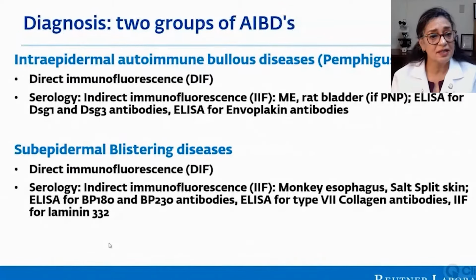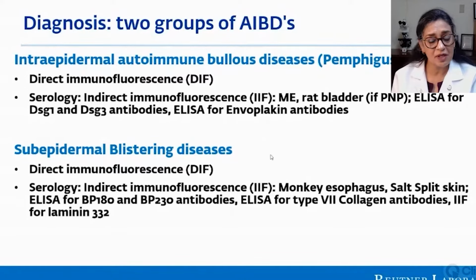So as Dr. Sinha mentioned, AIBDs are categorized into two major groups, the pemphigus group, where we see intraepidermal blisters, and the pemphigoid group, where we see subepidermal blisters. DIF and serology by indirect immunofluorescence and ELISA is indicated to correctly diagnose disease in both these groups.